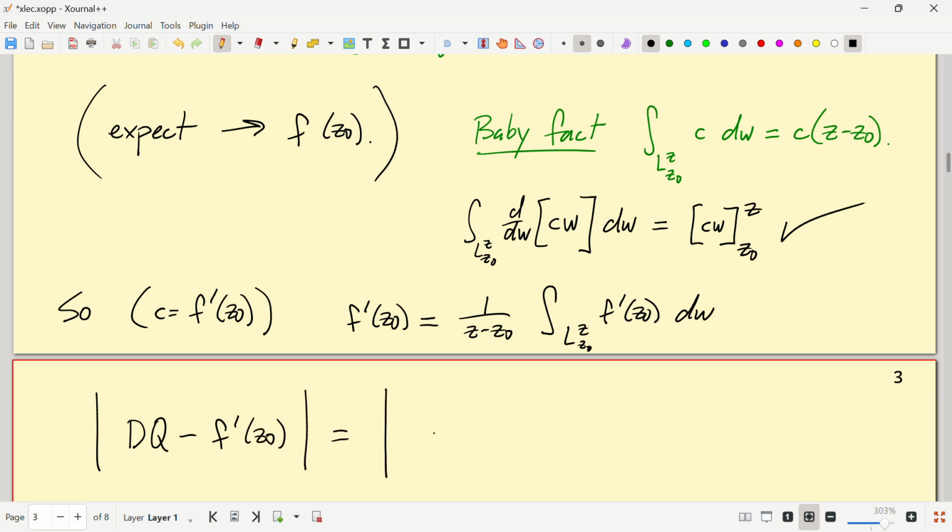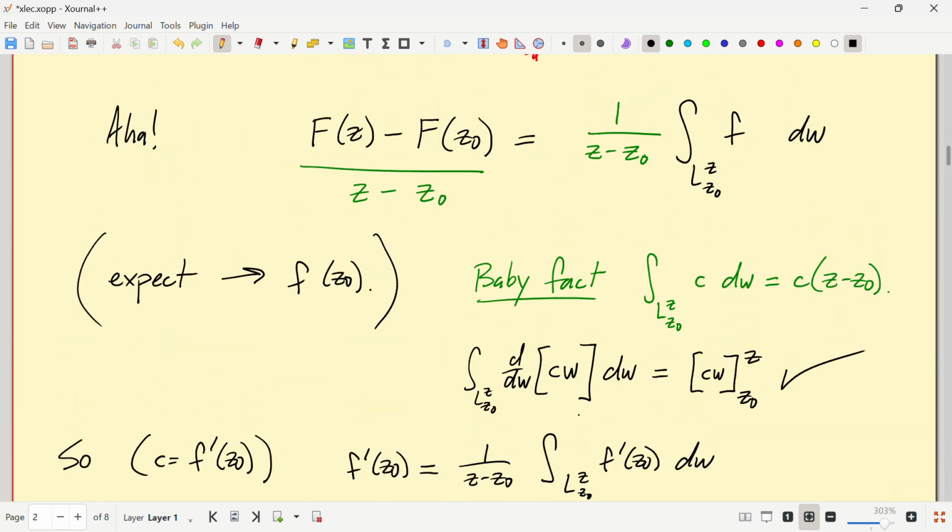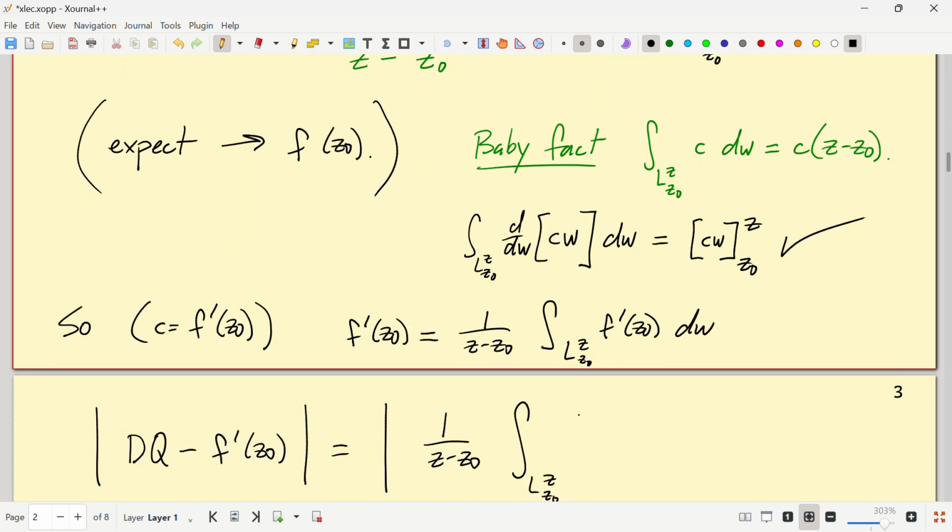that equals 1 over z minus z naught times the integral from z naught to z. The first one says that that's f, the difference quotient, it's just an f there. And then this one is a constant.